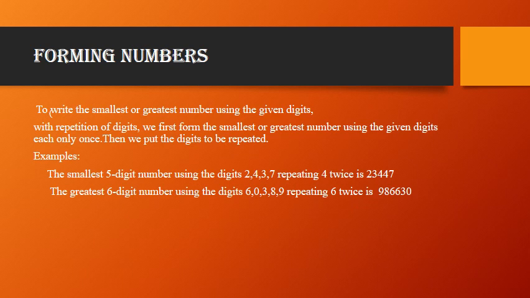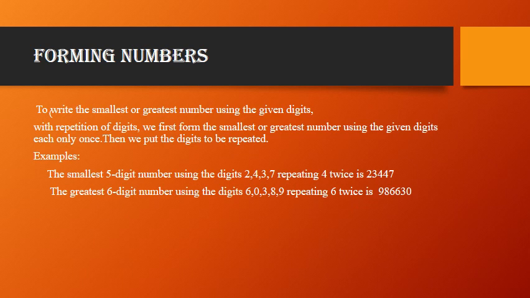Again children, in the next one we have the greatest 6-digit number, and the digits given are 6, 0, 3, 8, 9. Repeating 6 twice means 6 is coming twice, children. Now again, here we need to find the greatest number, and for the greatest number, you all know that we need to arrange the given digits in descending order.